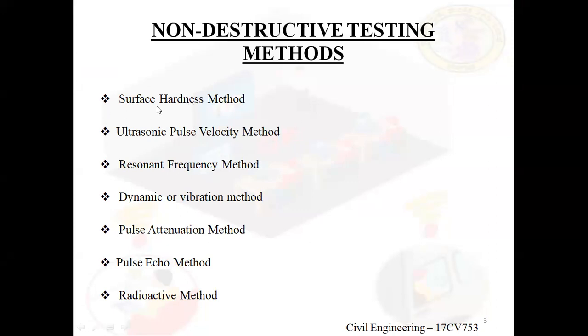By conducting this test, we can find the hardness and also the approximate strength of the concrete, that is plus or minus some percentage according to codal provisions, giving the compressive strength of that particular concrete element.